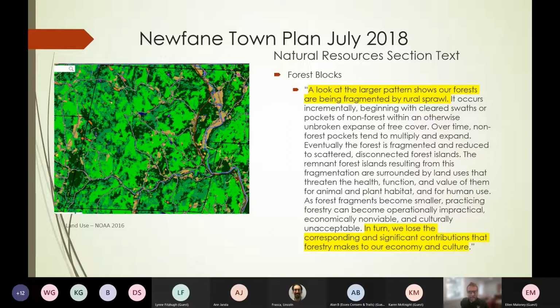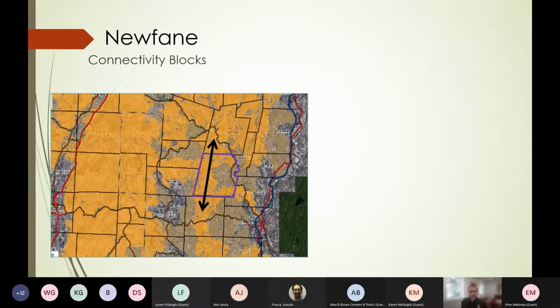But I just want to connect some dots while we're thinking about Newfane, and also show how we need to integrate this understanding of land use pattern into all parts of a town's planning and regulatory framework. So at left, you can see Newfane highlighted in purple, and the orange on this map is from Vermont Conservation Design. That's on the BioFinder website, and we'll put a link to the BioFinder website in the chat as well.